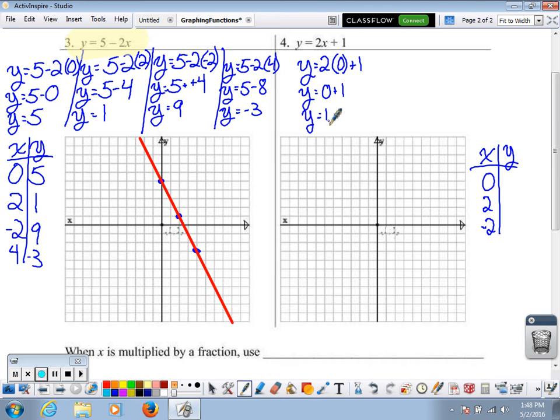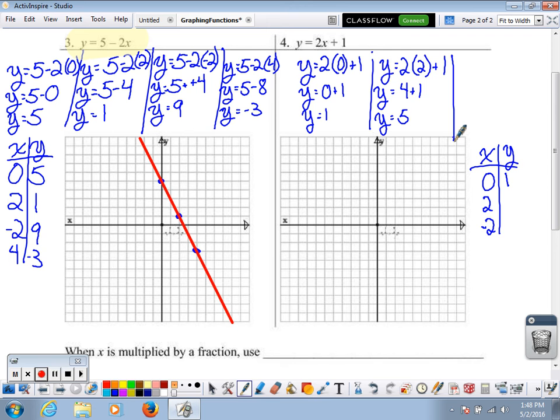So when my x is 0, my y is 1. Then what? What next, Nick? So do the same thing with 2. Great.